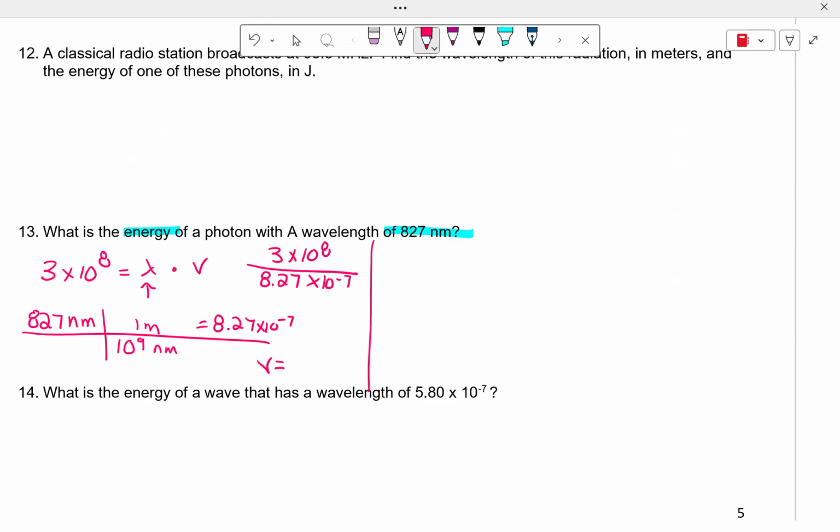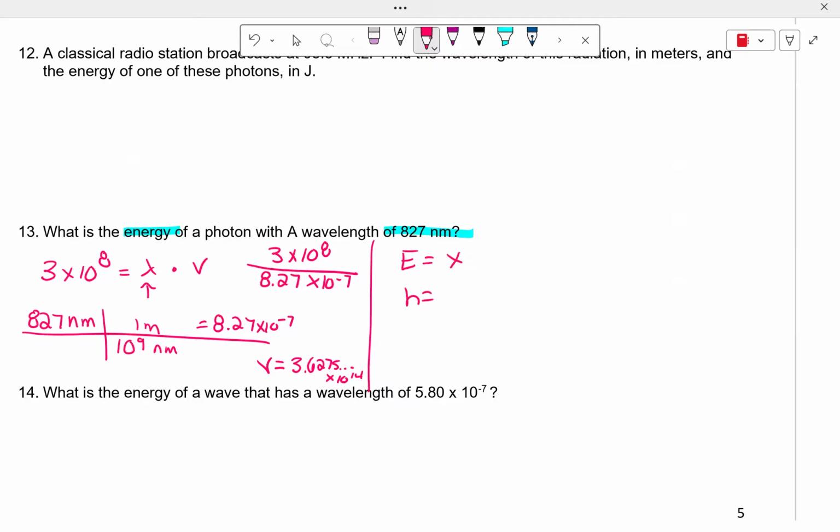But that is not the end of my problem because I do need to make sure that I can plug that into the other equation because this only solved for frequency. I'm not going to round yet, so 3.6275 and so on, times 10 to the 14th. Energy is what I'm looking for.